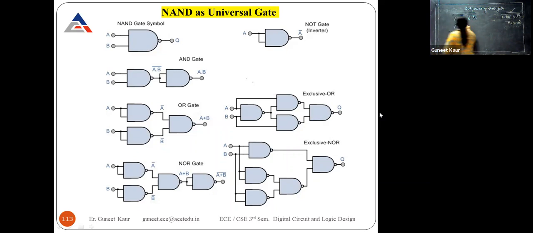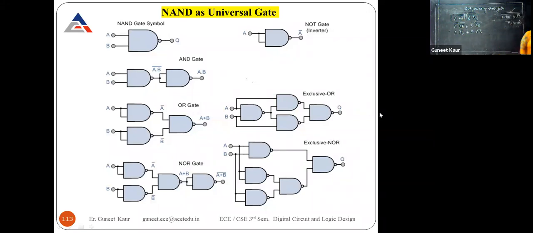Double bar will be there, and here this dot, I am considering one term and the other term, so the dot will be converted into plus. So A dot AB bar over double bar, plus B dot AB bar over double bar. The double bar will cancel. Here I am left with the term A dot AB bar plus B dot AB bar.